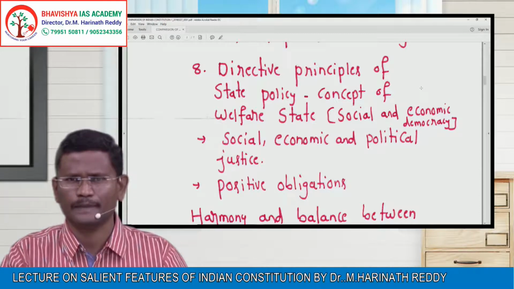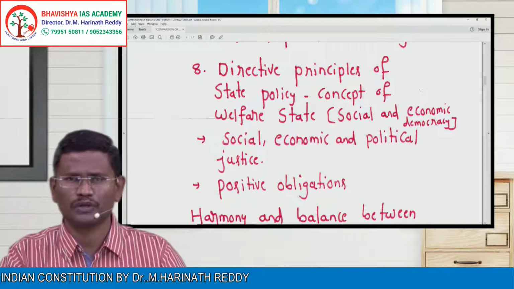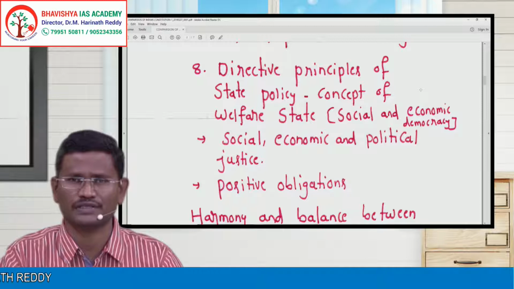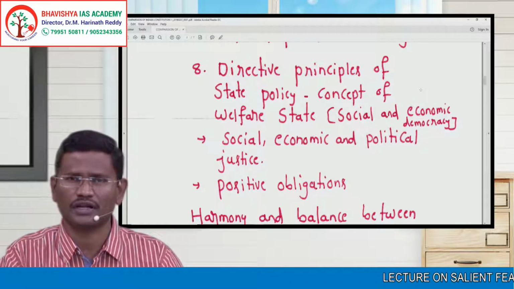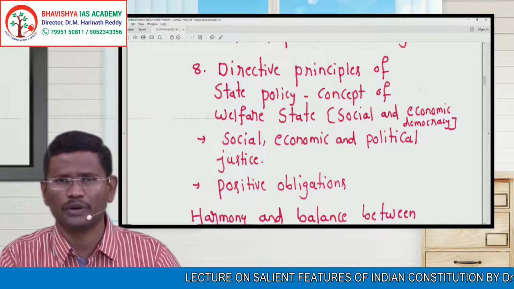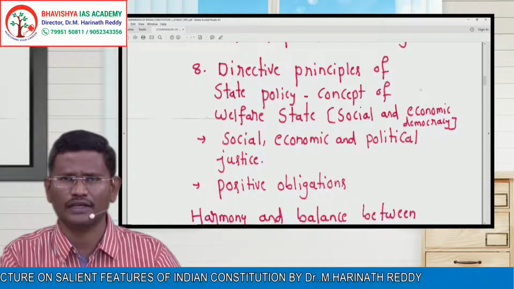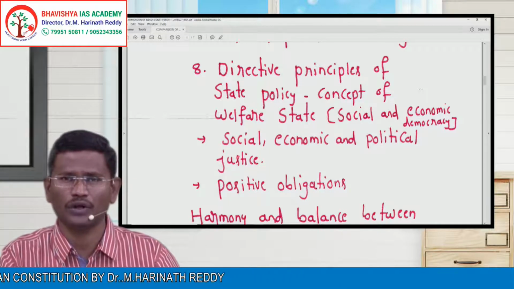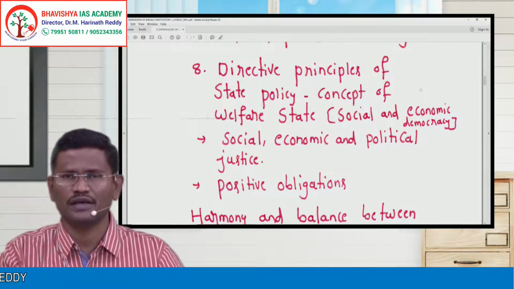But in course of time, especially in Keshavananda Bharati case and Minerva Mills case, the Indian Supreme Court said the balance between the fundamental rights and directive principles of state policy is a basic feature, which means the balance cannot be amended even by the Indian Parliament under Article 368. So in Minerva Mills case in 1980, the Indian Supreme Court said the balance and harmony between fundamental rights and directive principles of state policy is a basic feature.